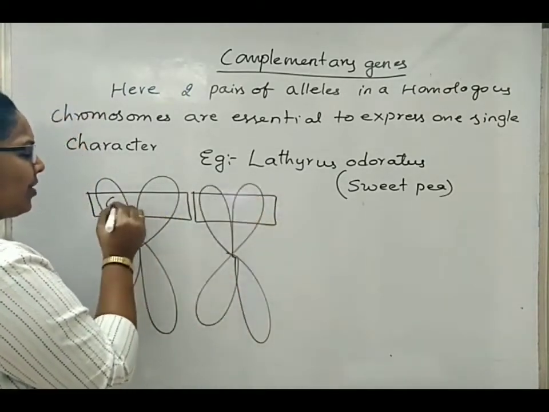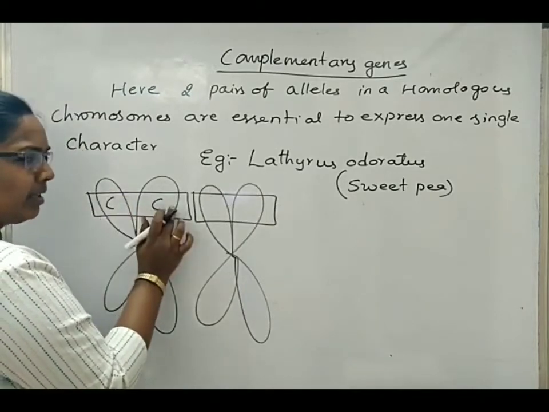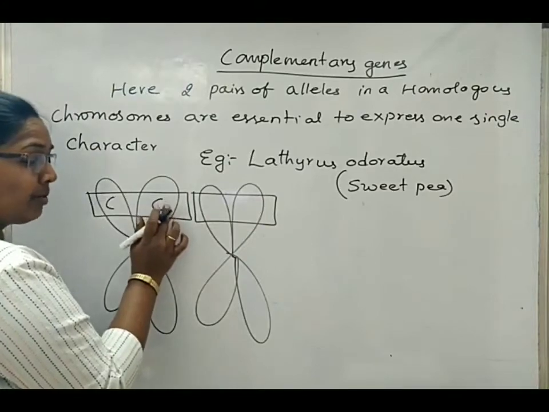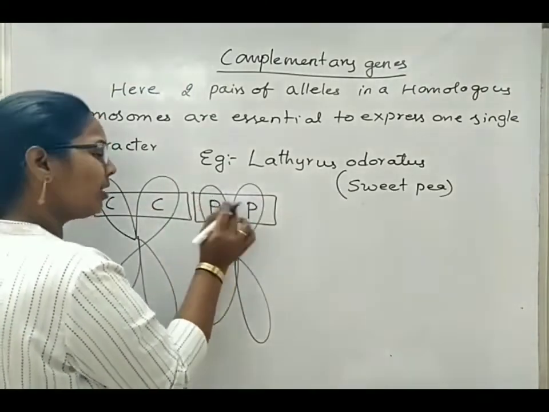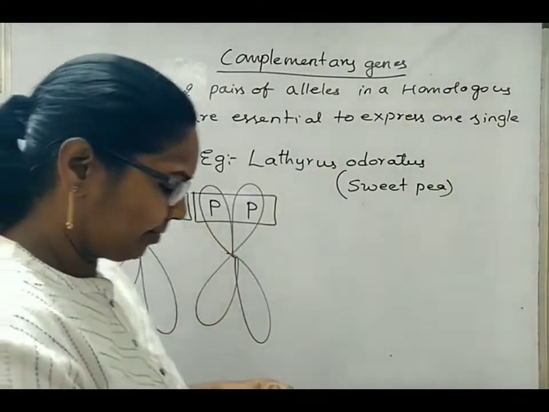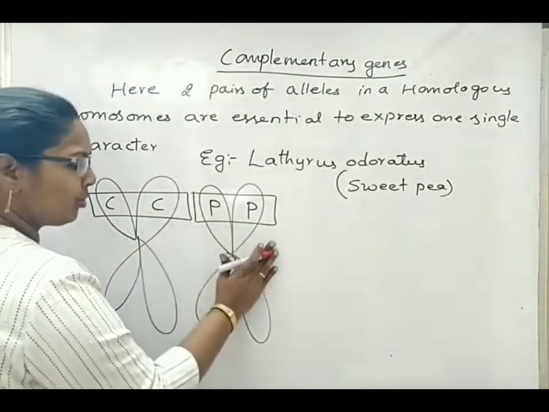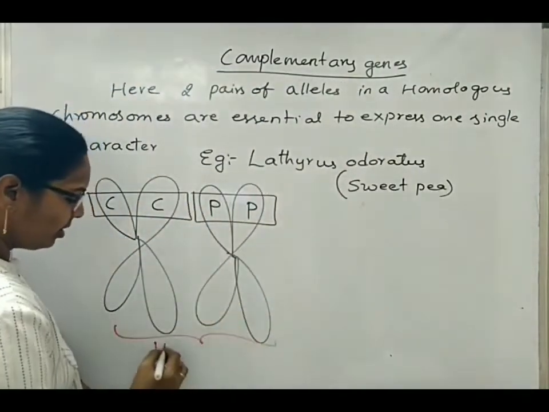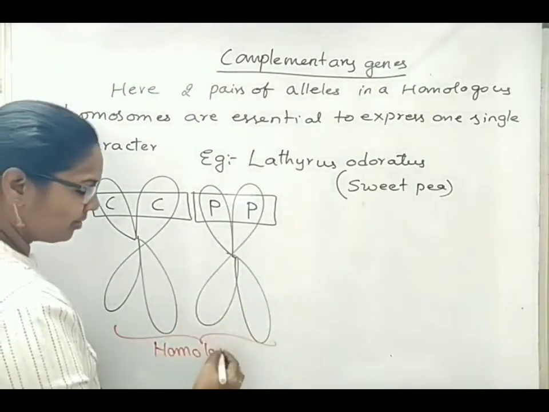Now, here, suppose I write one type of allele pair in capital letters indicating the dominant form of alleles, and there is another pair of allele forms that are also dominant for their special character. These both are homologous chromosomes that have to fuse to form a zygote.